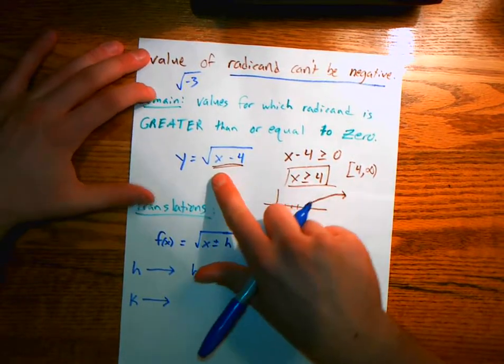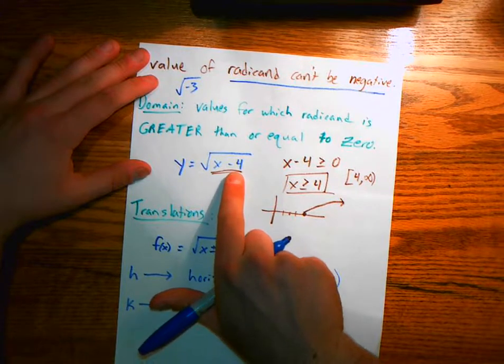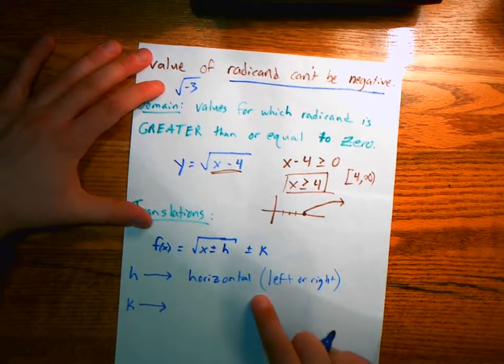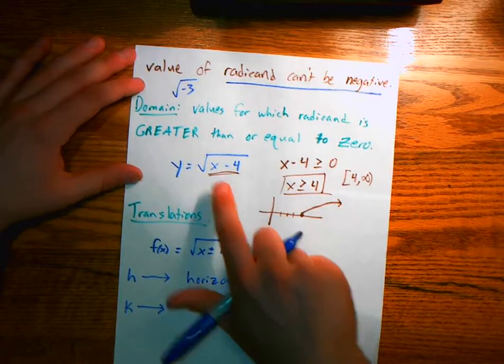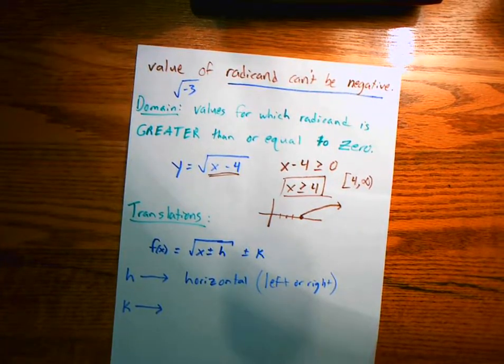This example up here is a horizontal translation to the right of 4. Remember, horizontal is always the opposite sign that you see, so since we have an x minus 4, it's being shifted to the right 4 units.